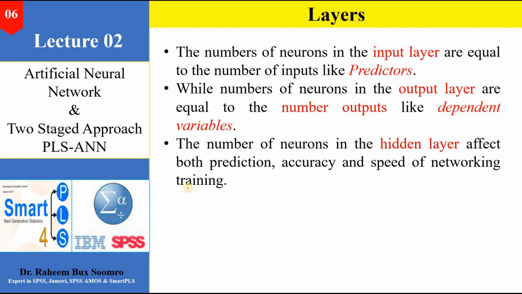So if there is a large number of hidden layers, we can expect good prediction, accuracy, and speed of network training. In other words, if you need prediction accuracy and speed of network training, then you need more and more hidden layers.